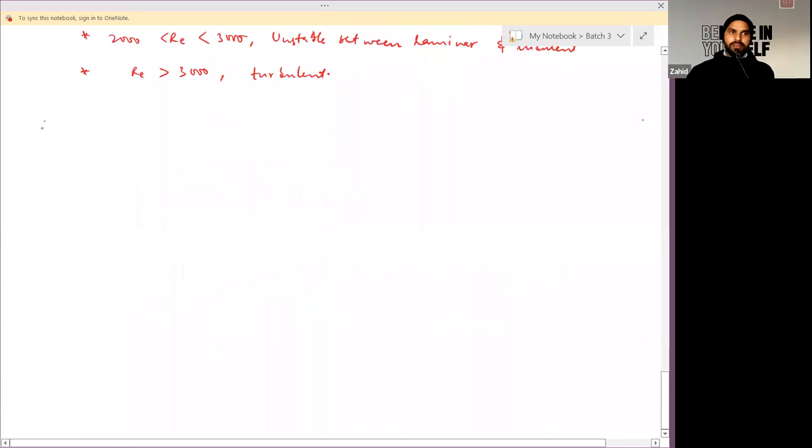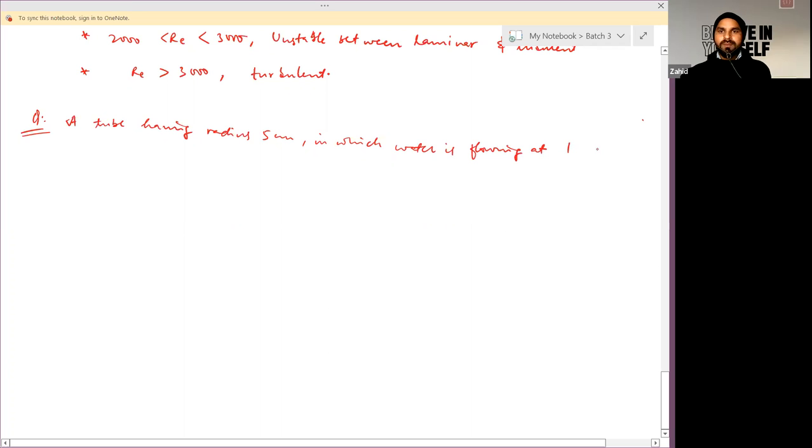Let me give you a problem related to this. A tube having a radius of 5 centimeter, in which water is flowing at 10 centimeter per second.